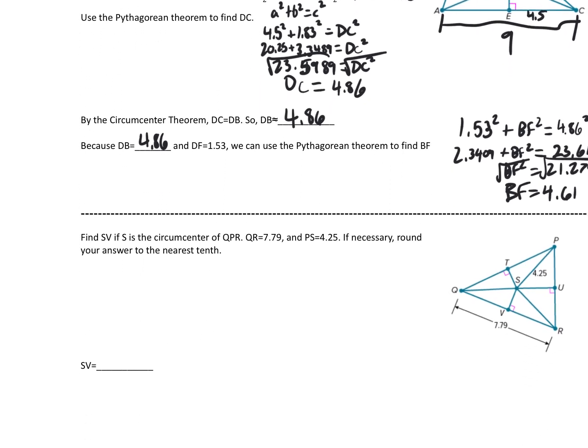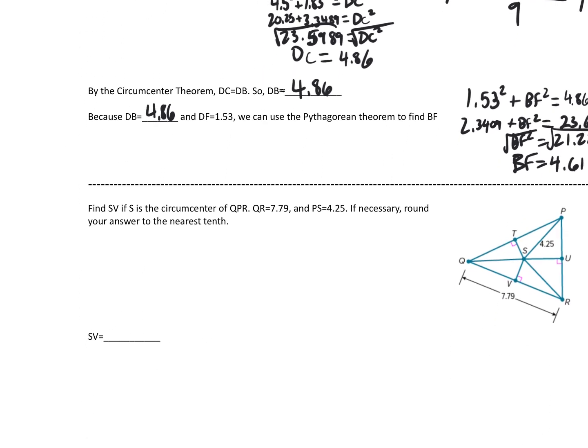All right, so one more example. We're asked to find SV if S is the circumcenter of QPR. We're told that QR is equal to 7.79, and that's already labeled for you. And we're told that PS is 4.25. Well, since PS is 4.25, that means I also know that RS is 4.25 and QS is 4.25.